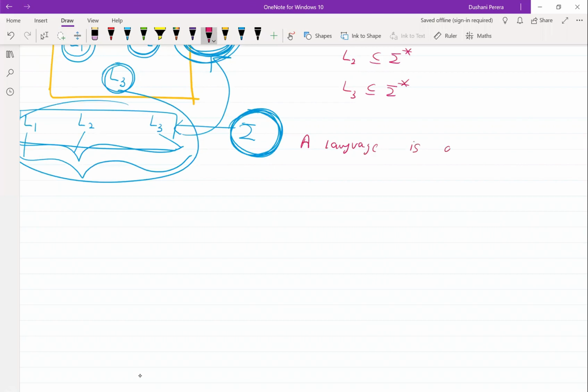We said earlier that a language is a collection of strings.